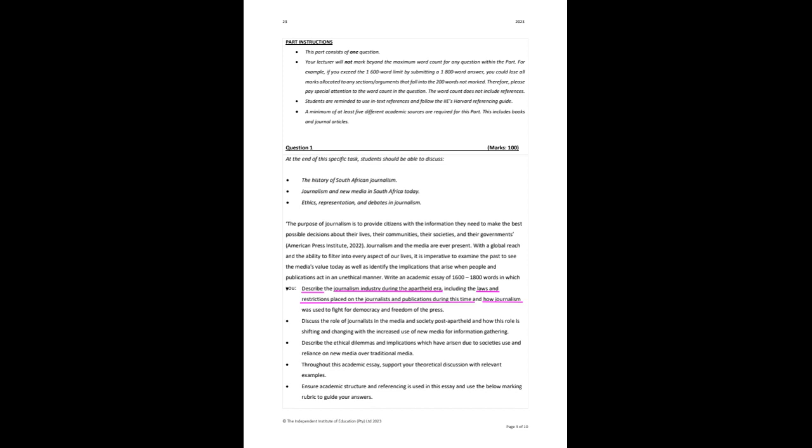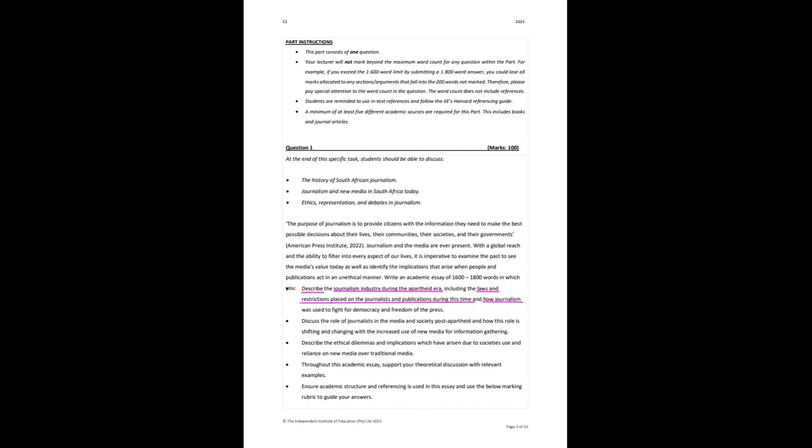All right. So this particular point in this essay is looking at you giving me context in terms of the journalism or media industry during the apartheid era. So what your essay should be doing is speaking to specific laws, restrictions, anything that was in place during that time that actually impeded journalists or the media in reporting truthfully, accurately, and so on.